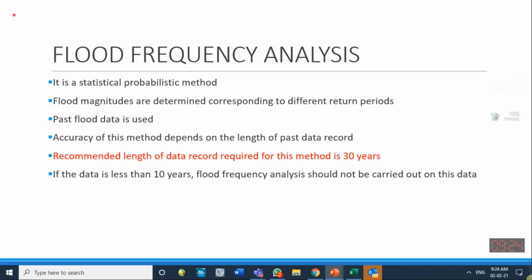Flood value is usually the peak value recorded in a year. The annual flood values are the instantaneous peak flow recorded in a year.